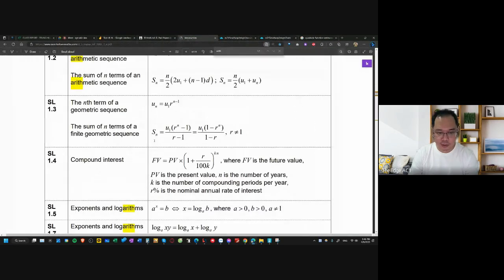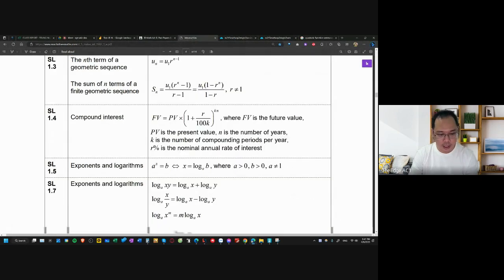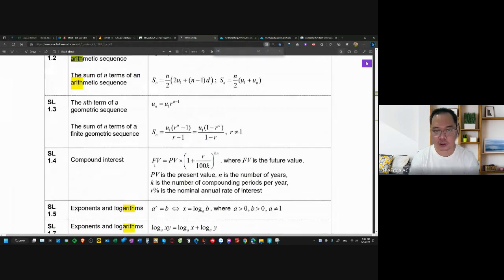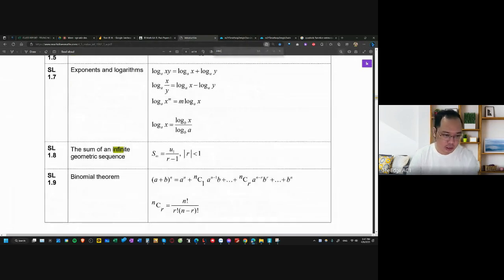And in the formula booklet, we also have another formula for the sum of an infinite sequence. Here, a geometric sequence, not an arithmetic sequence, with infinite terms, like 1 billion terms. This is a converging geometric sequence, and we have this formula where the common ratio is less than 1.